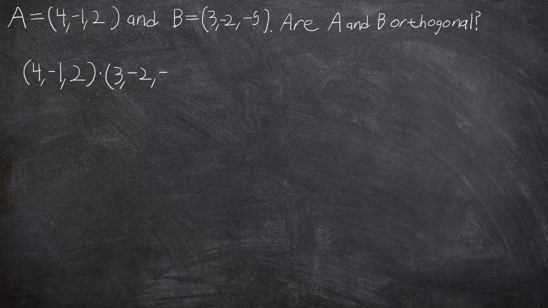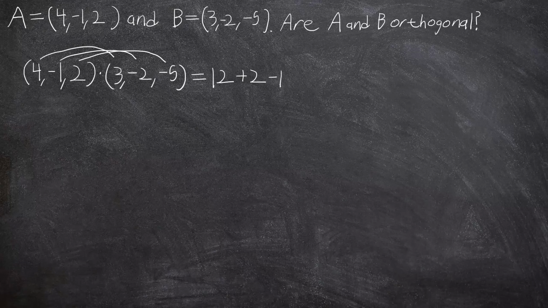So we have our vectors written out, and we do distributive property, like always. 4 times 3, 12. -1 times -2 is 2. 2 times -5, -10. 12 plus 2, 14. 14 minus 10 is 4. Therefore, they are not orthogonal.